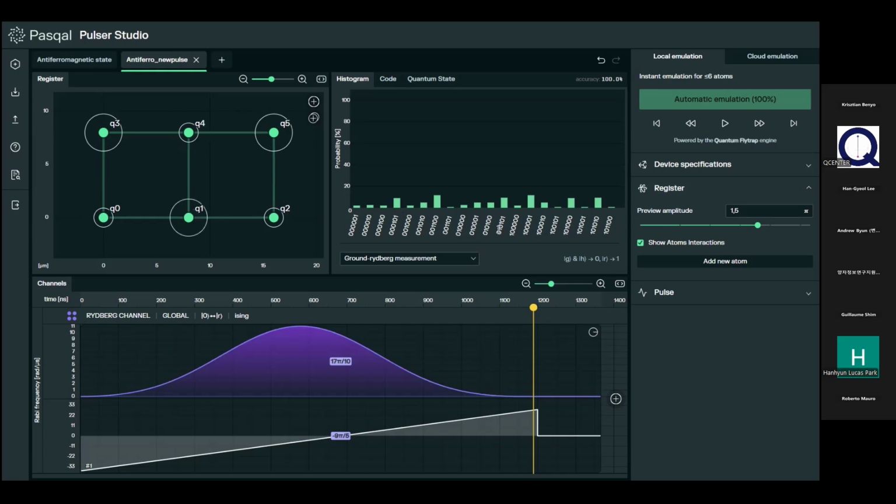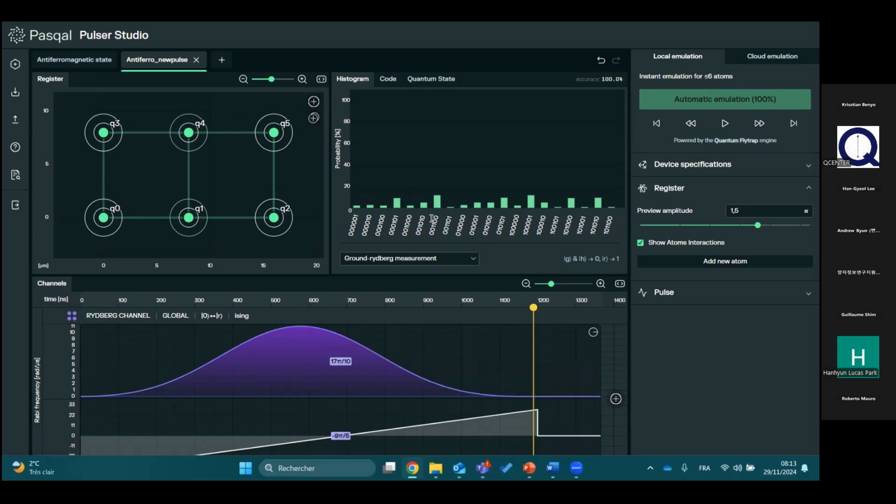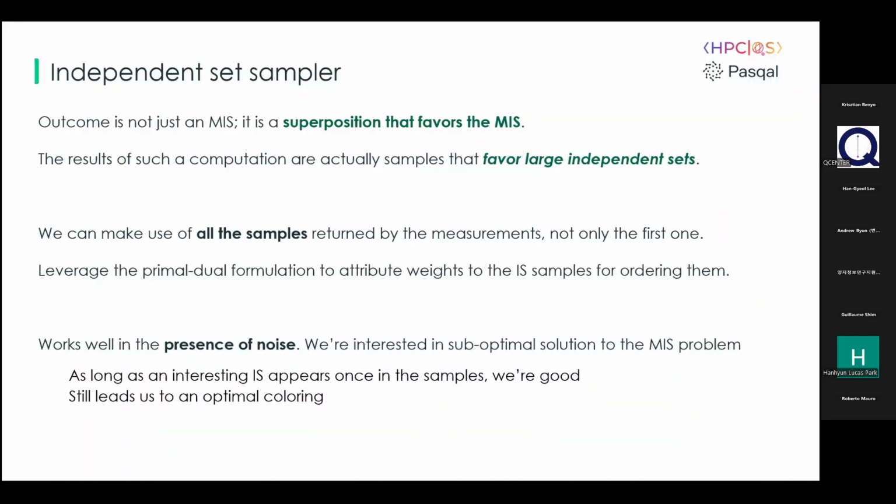It is just a partial solution, but it is the case for this solution as well. And as you can see, this and this as well arise with a rather high probability comparatively to the other solution candidates. So depending on the precision of the experiment, this adiabatic evolution favors giving back large independent sets. It might not be a maximal one because you could potentially extend it, and it most certainly might not be the maximum independent set, the largest possible that you could select.